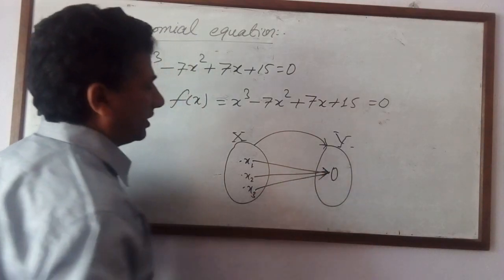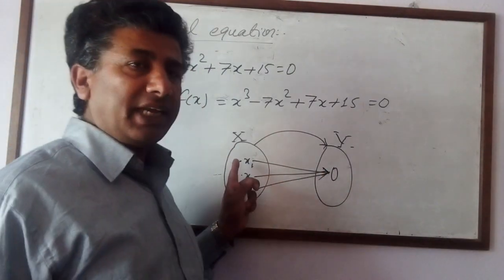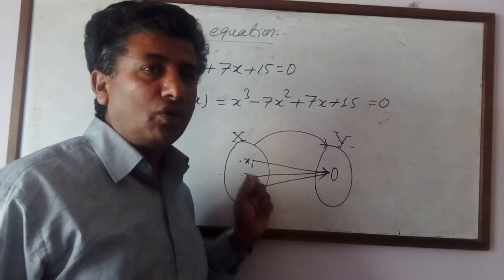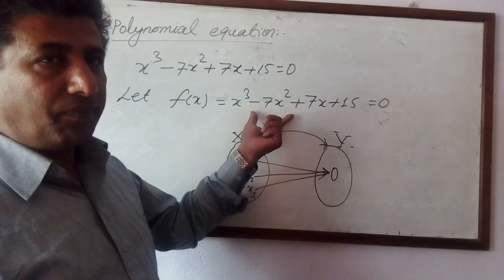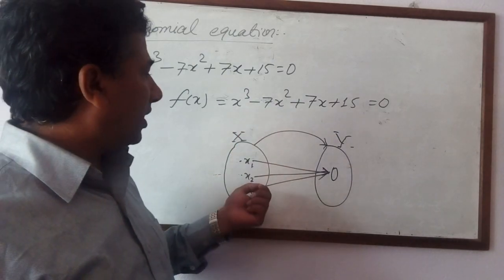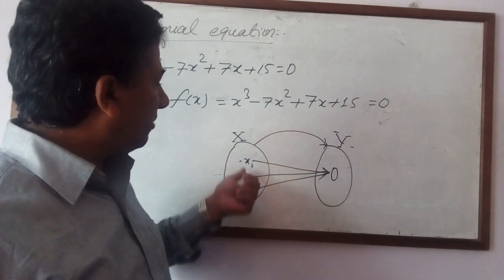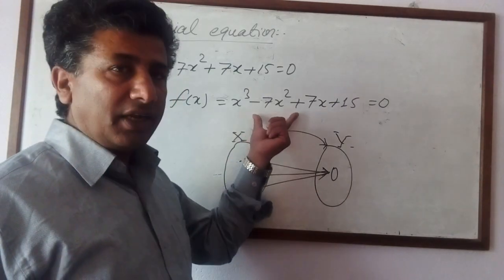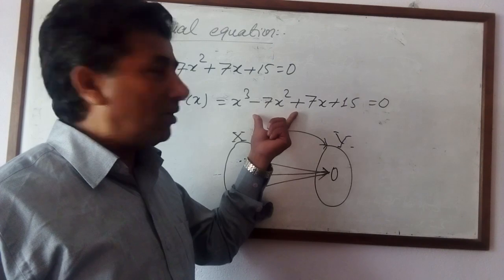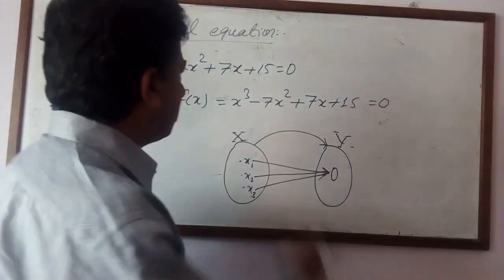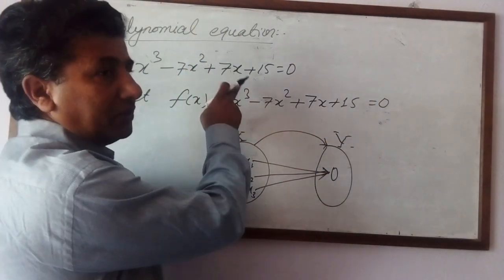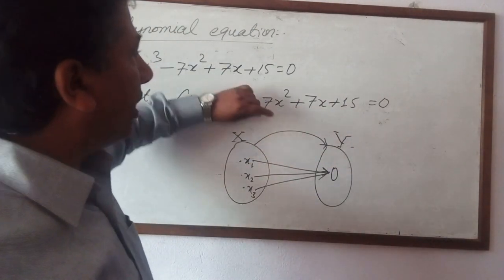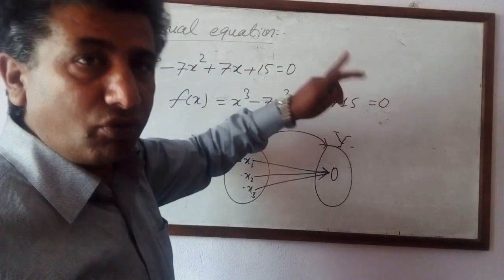These 3 values of x in the domain, x1, x2, x3, are also known as roots of the equation. Remember that. How do we know this equation has 3 values which give image 0? If the highest degree is 3, then it has 3 values. If it is a quadratic equation, it will have 2 values.